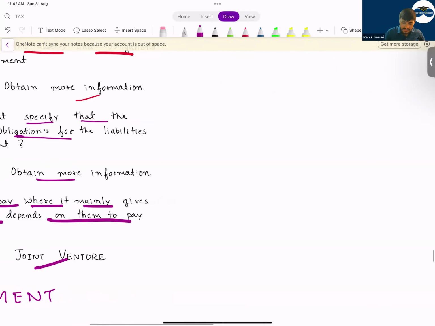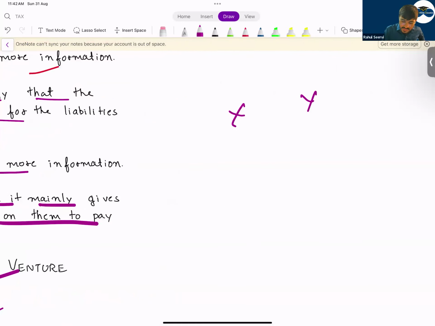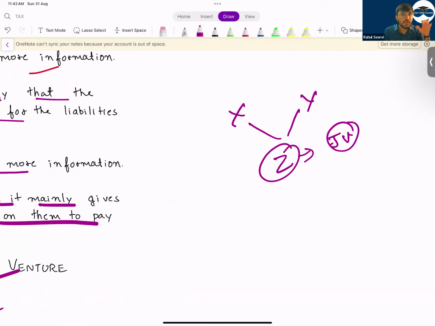So understand. X is there, Y is there. They have started a company known as Z. Basically, when they start a company, it should be a joint venture. But you have to see further data.